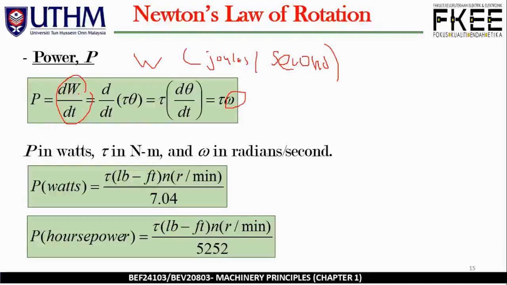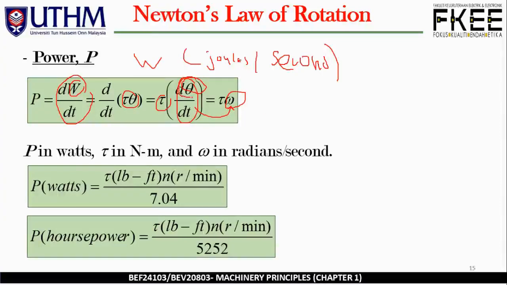So we have dW over dt. We know that dW equals T d theta. Rearranging, we have torque times d theta over dt, and d theta over dt is actually omega, the angular velocity.